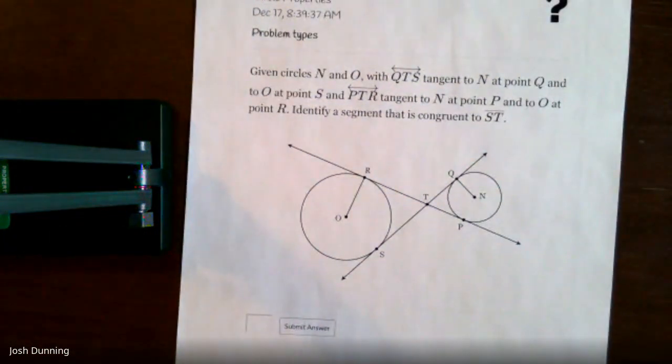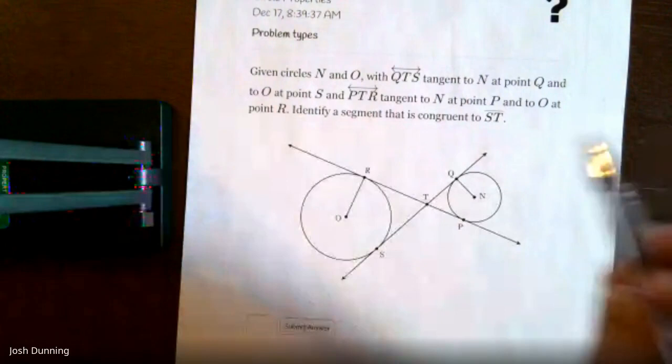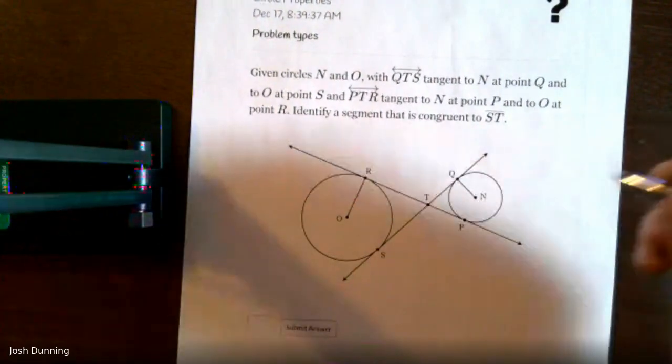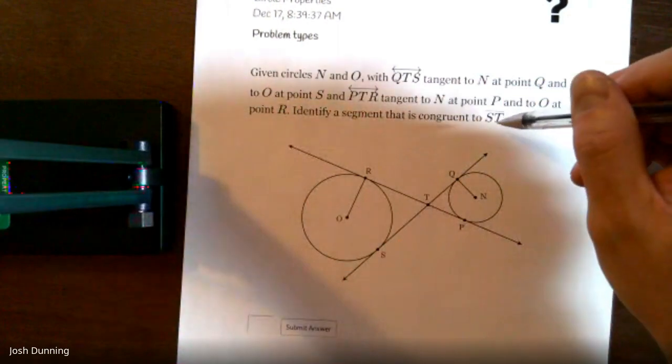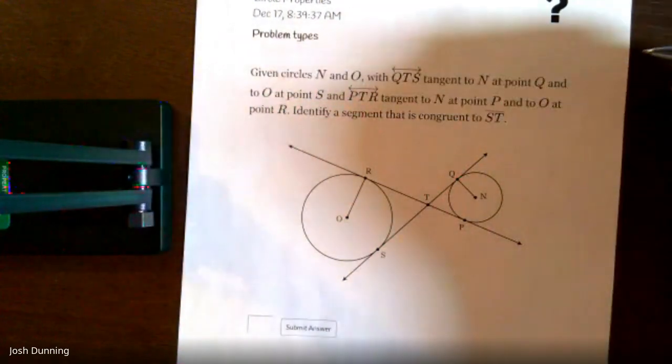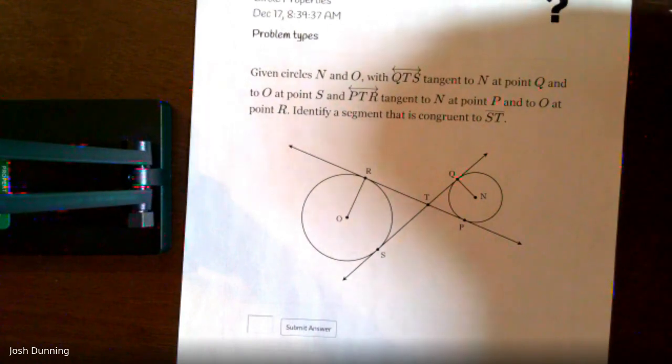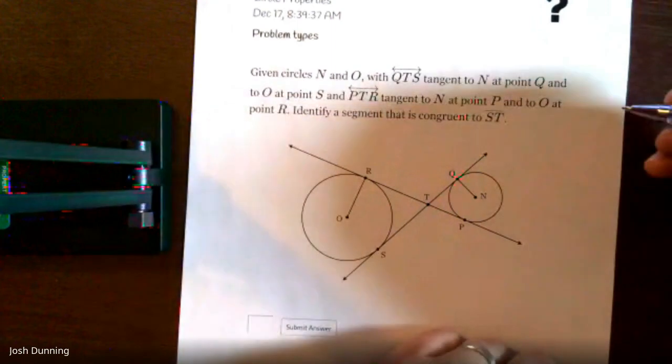Okay, given circles N and O with QTS tangent to N at point Q and to O. So this line is tangent to both. Tangent means it just hits the circle once. It says identify a segment that is congruent to ST. Two tangents drawn to the same point from the same circle are congruent.